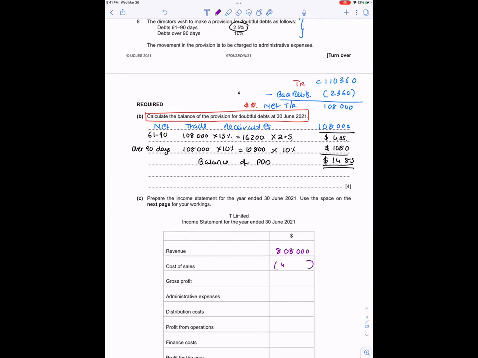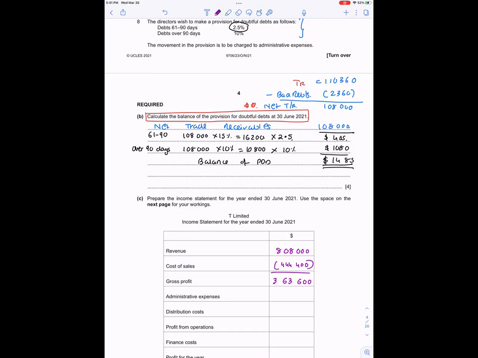My cost of sales is 444,400. So I have my gross profit as 363,600. Correct? Yes.